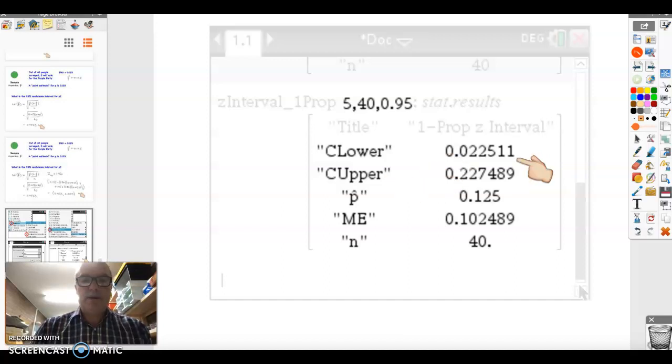The upper limit, we had 0.23, which you can see more accurately is 0.227489. There's our point estimate, p hat, which is 0.125, and this is our margin of error, which I'm going to refer to in a minute, and it's reminding us that n is equal to 40.